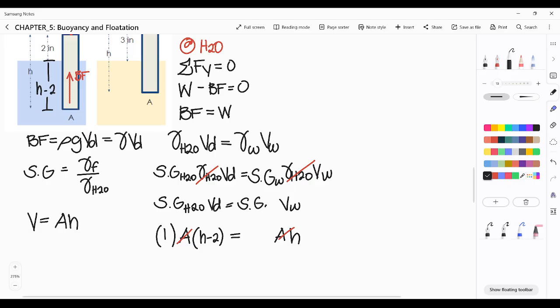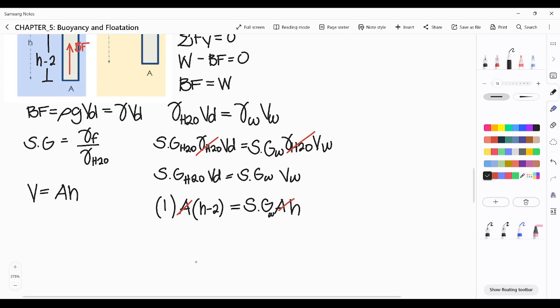Sg of the wood dapat to. Specific gravity of the wood. From here, the specific gravity of the wood is equal to h minus 2 all over h.